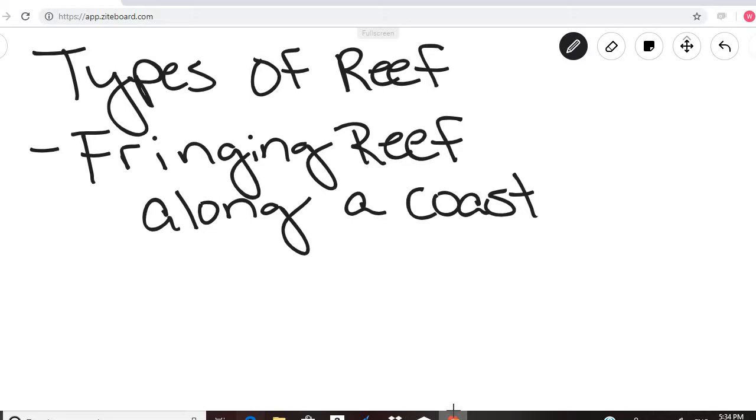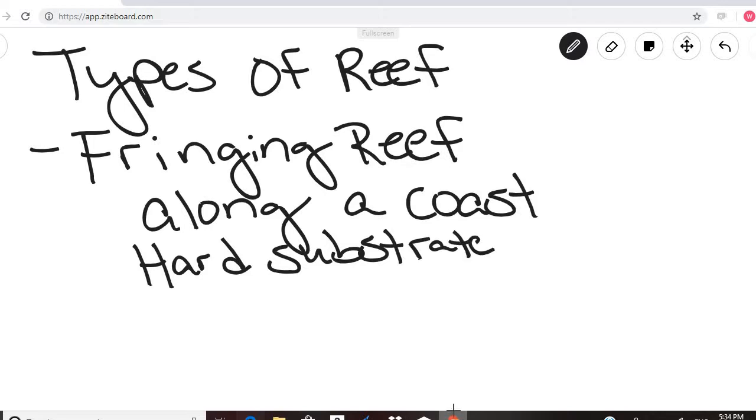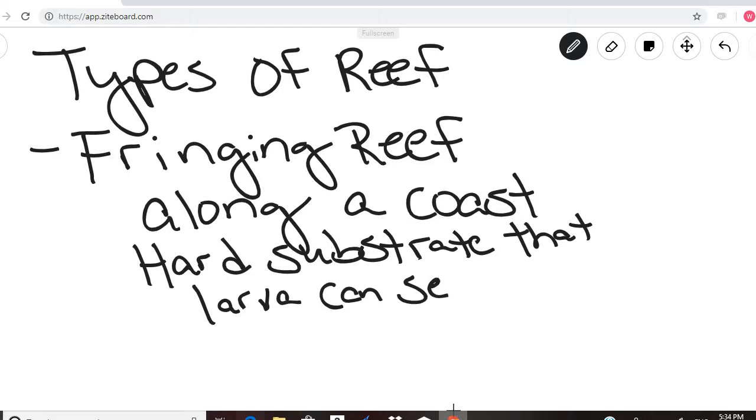and in order to form, there needs to be a hard substrate that larvae can settle on, and then that it can grow on.